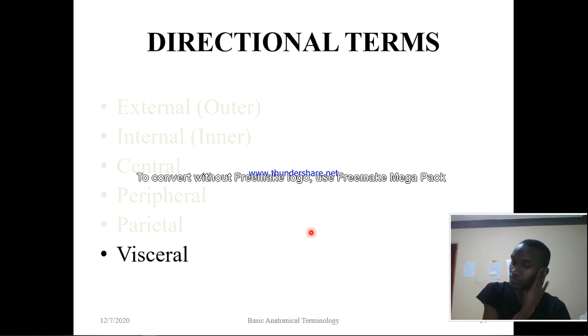But we usually use these two terms, parietal and visceral, in reference to the membranes that we are going to discuss. We have a particular body cavity, which is a space in the body, and that space contains a particular body organ. But the organ in that space is protected or lined by particular layers, usually two layers.